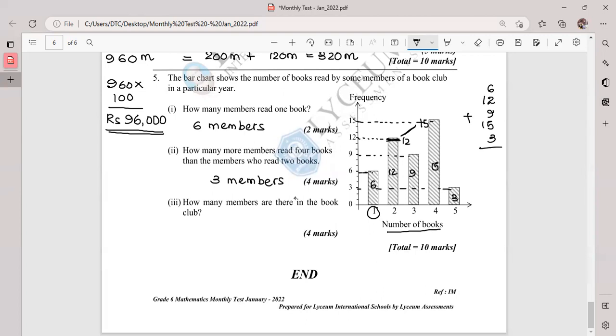So 3 plus 5, 8. 8 plus 9, 17. 17 plus 2, 19. 19 plus 6, it is 25. 2 is the remainder. Then 1 plus 1, 2. 2 plus 2, 4. So there are 45 students, so 45 members.